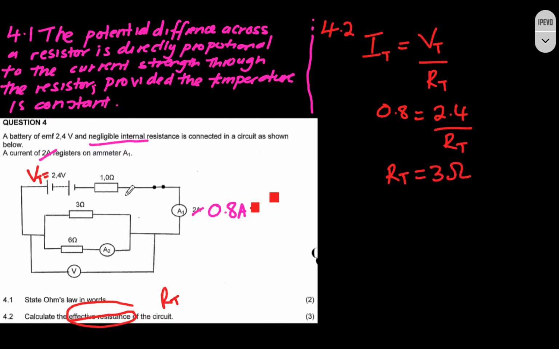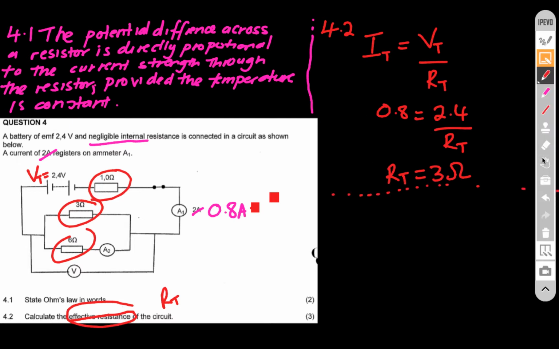Right, another way that we can calculate is by simply adding all these resistors together, and we must notice that these ones are in parallel. However, those ones in parallel are in series with this one, so that means we can actually calculate the total resistance first of those ones in parallel and then add it to that. So that's what we're going to do and see if we get the same answer. Let me just change the color here.